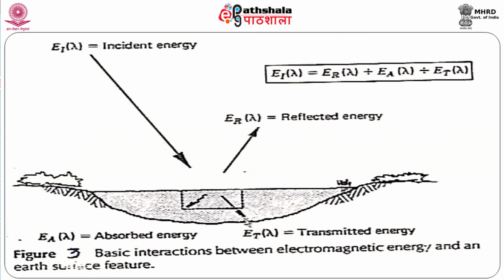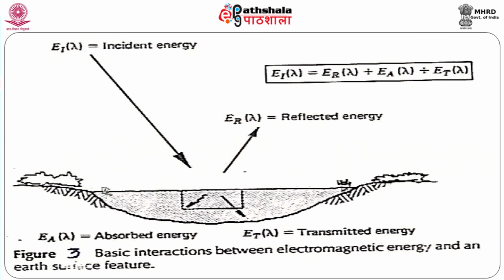The transmitted energy is not available to us, whereas the absorbed energy is re-radiated and released after some time. But instantaneously, at a given time, the energy which is available to us is your reflected energy. So it is the most important concept in remote sensing.